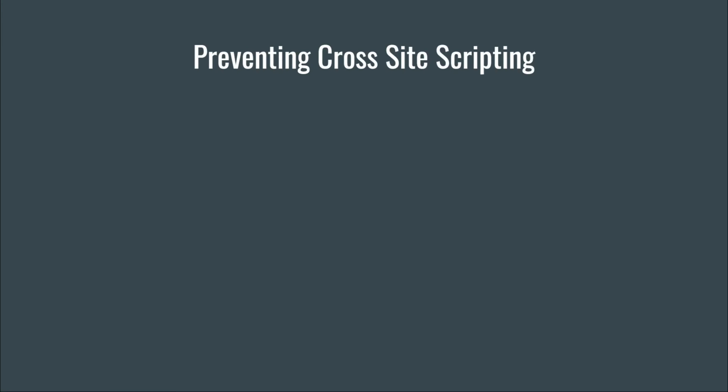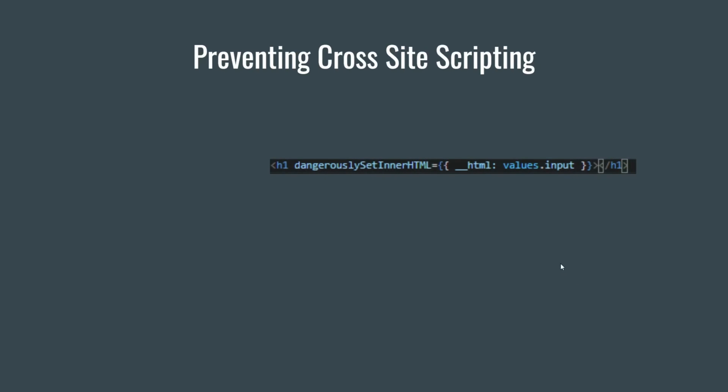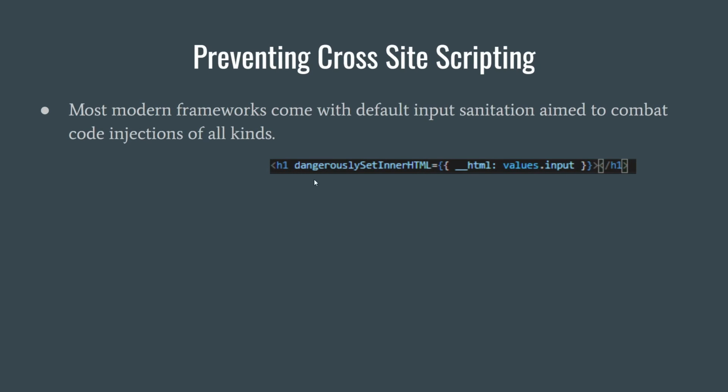So now that we've seen a cross-site scripting attack in action, let's take a look at how to prevent one. So you'll see this little code snippet from the demonstration that I just did, and you'll see that I had to dangerously set the inner HTML. And this leads us to the fact that most modern frameworks come with default input sanitation aimed to combat code injections of all kinds. And that's what I did.